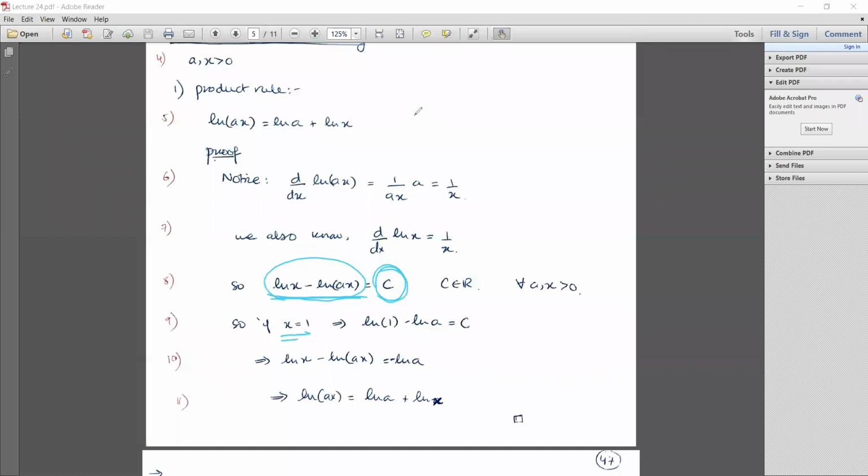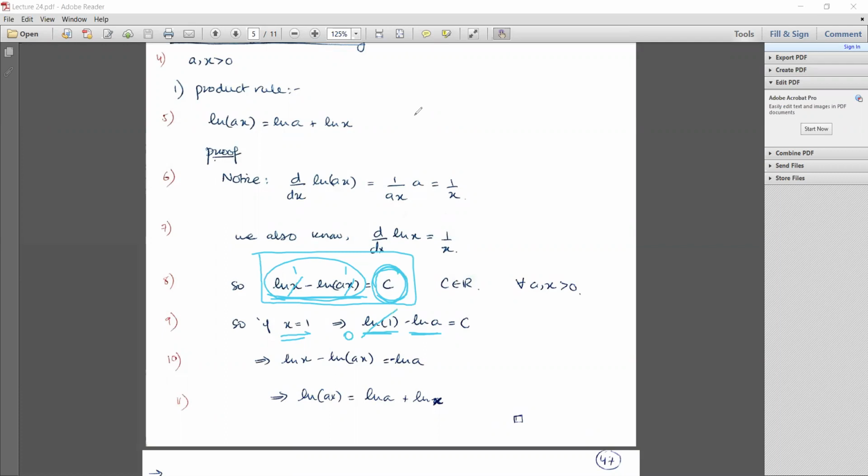So when I plug in x equal to 1, this becomes ln 1 minus ln a, because instead of x, I'm plugging in 1. And that should be equal to c, right? Because that c satisfies this expression for all x. So ln 1 is just 0, which means that c is negative ln a.